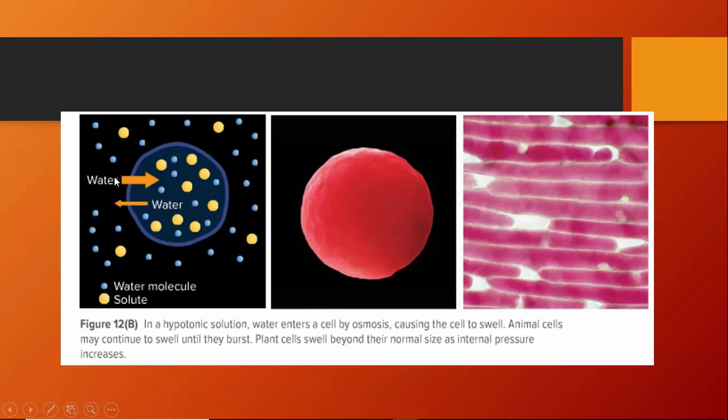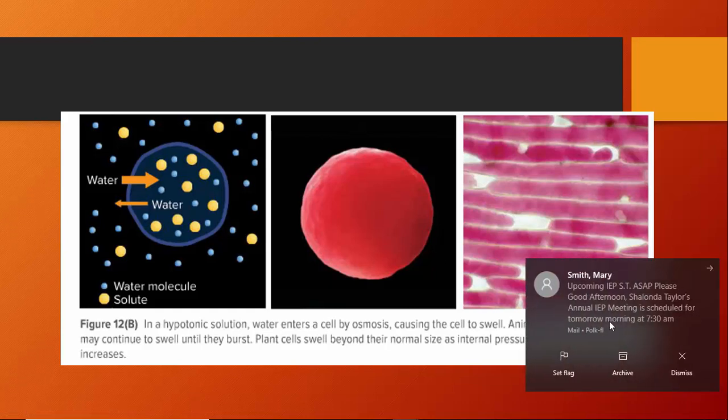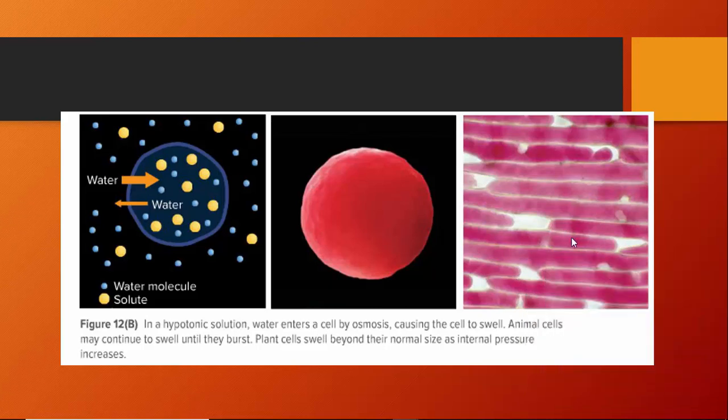So there's going to be a greater amount of water coming into the cell than leaving the cell. So in a hypotonic solution, water enters a cell by osmosis, causing the cell to swell. Animal cells may continue to swell until they burst. Plant cells swell beyond their normal size as internal pressure increases. So here we can see that the plant cells are really starting to swell.